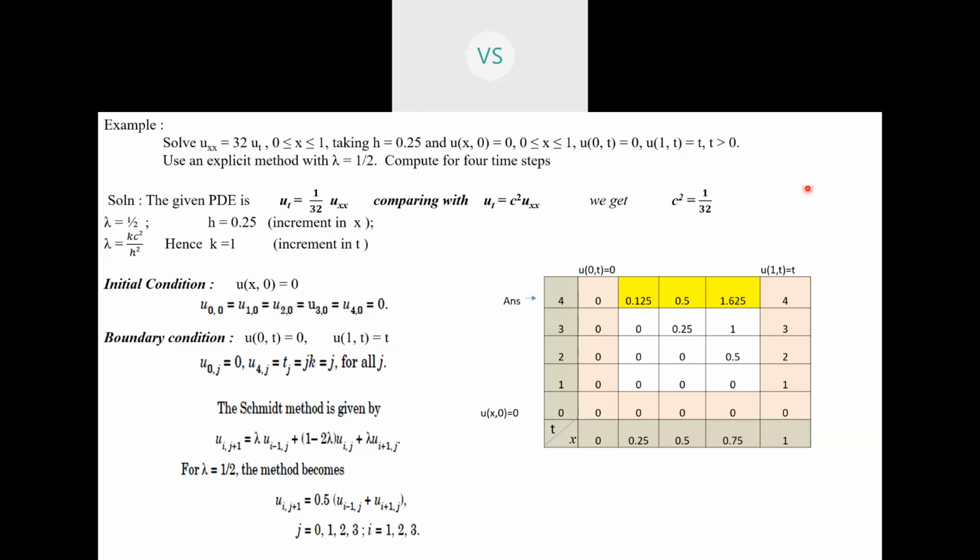So here we represent that at x is equal to 1, t is any time t, and u is equal to t. Means they are telling that here we have to write the u values as equal to t values. So what values do we have of t? 0, 1, 2, 3, 4.